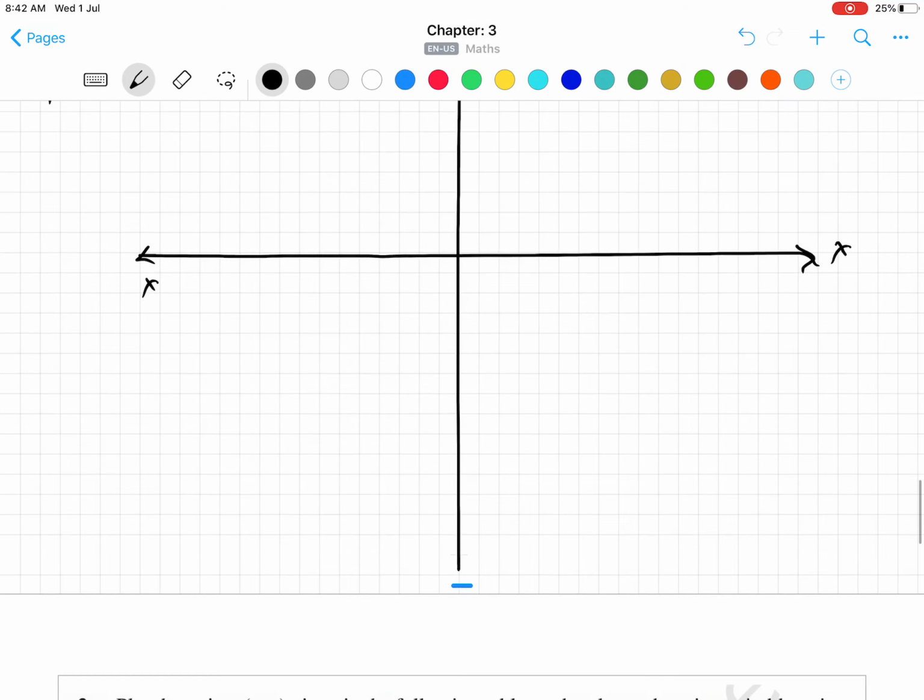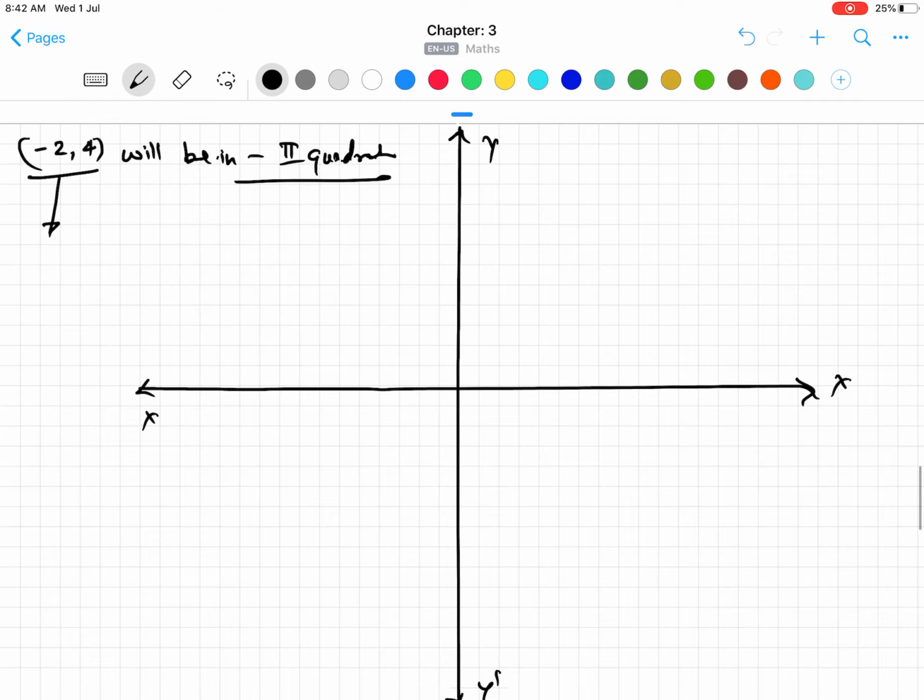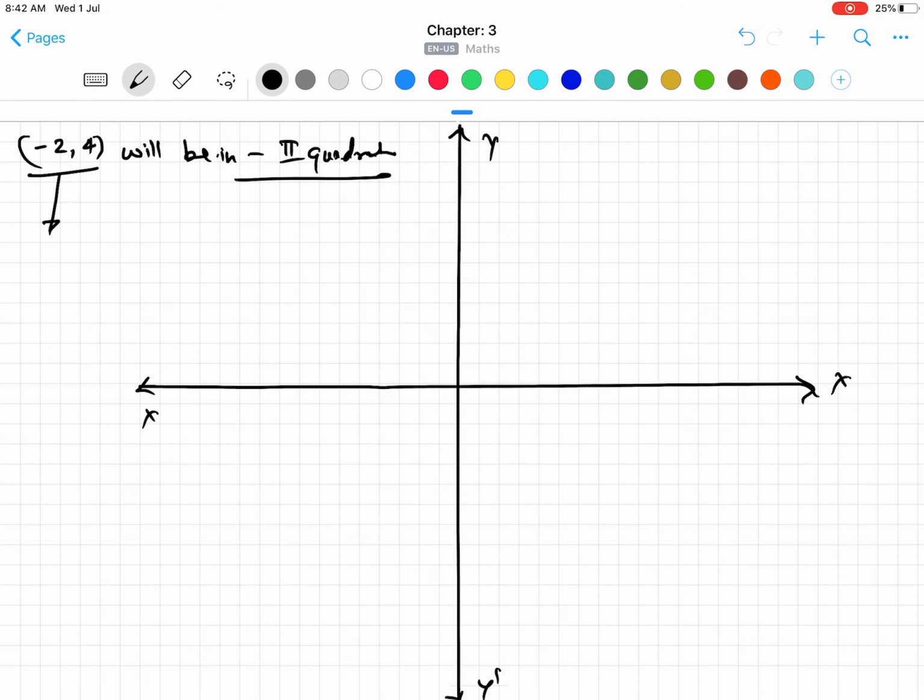Then draw the vertical line, which will be the y-axis, y and y dash. Now again start marking the points.